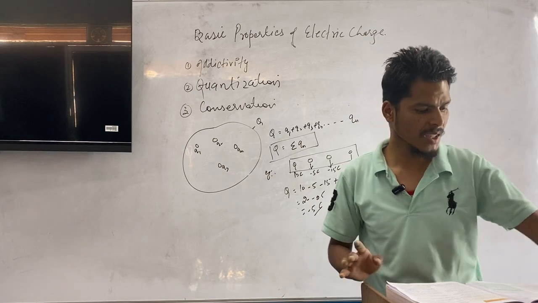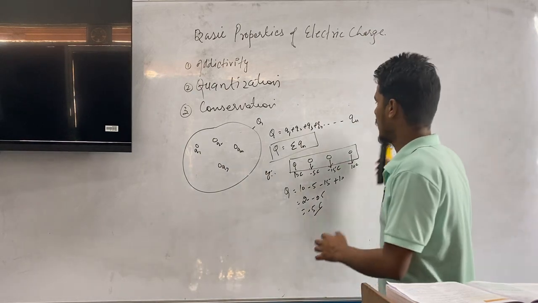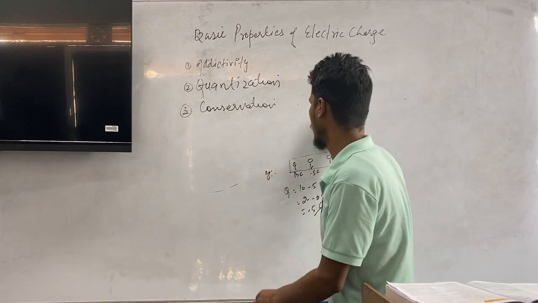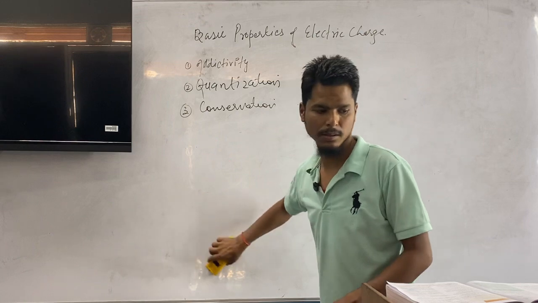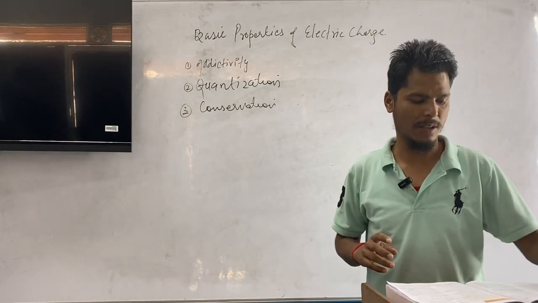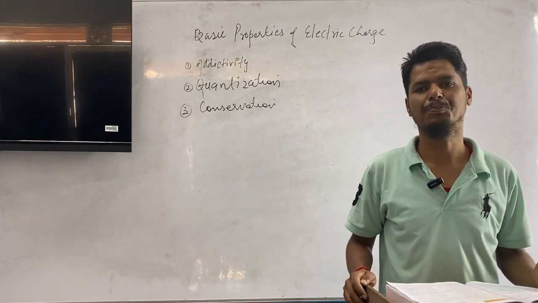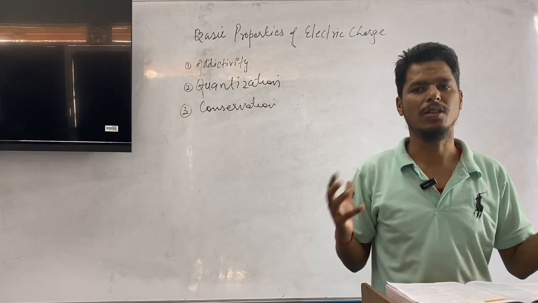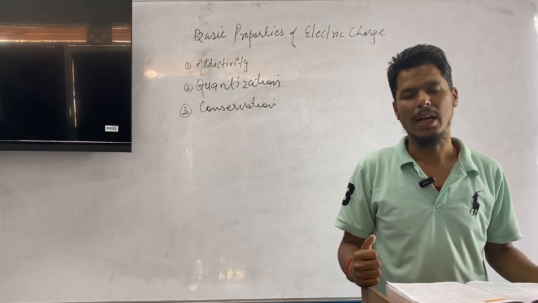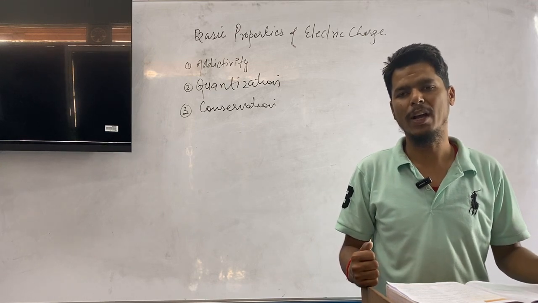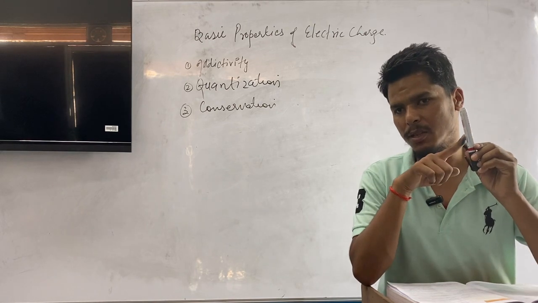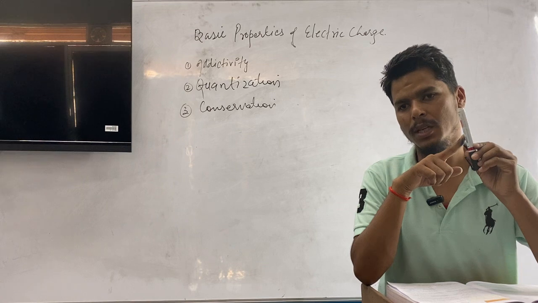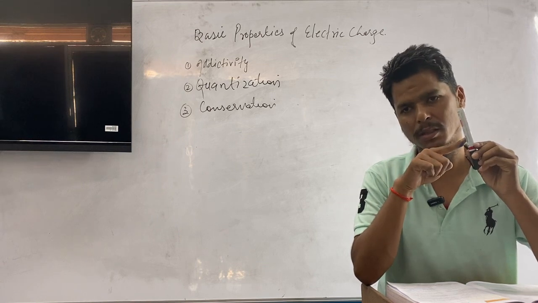Okay. Now let's start with the next property that is very important, the quantization. So please make a new subheading, number 2, quantization. What does it mean by quantization? As I told you before, when an object loses some electrons, then it gets charged, right?